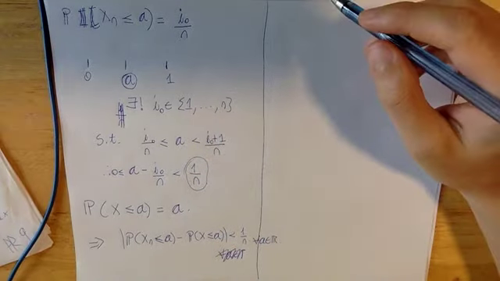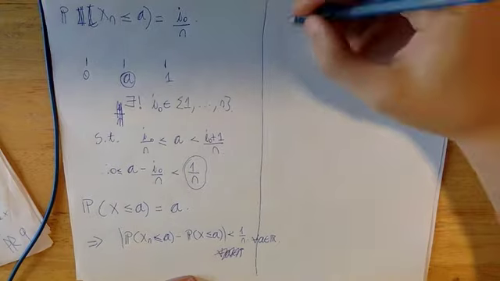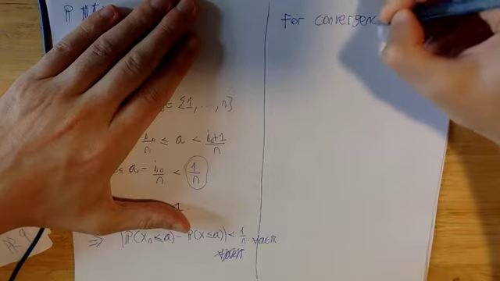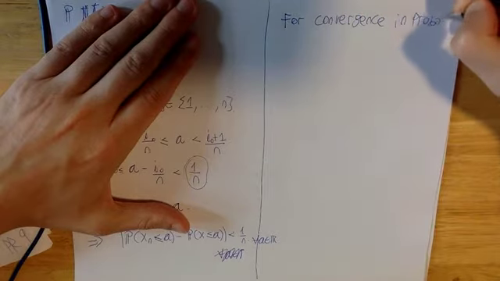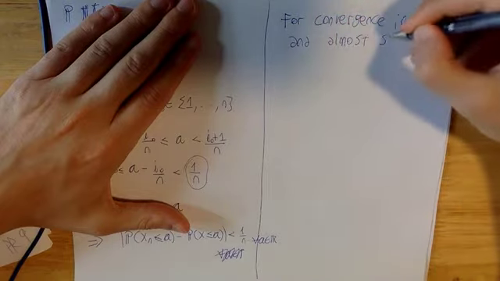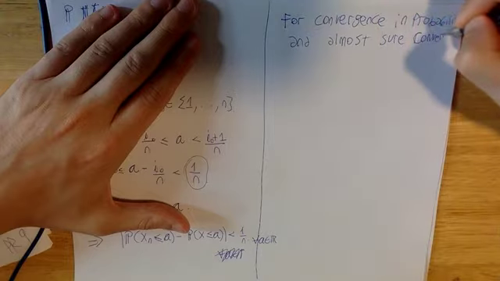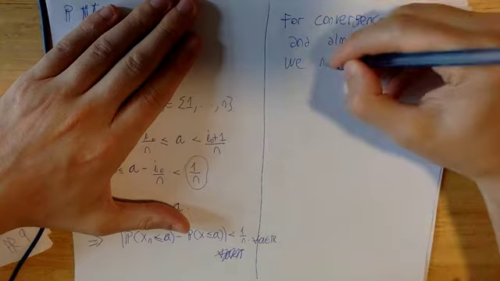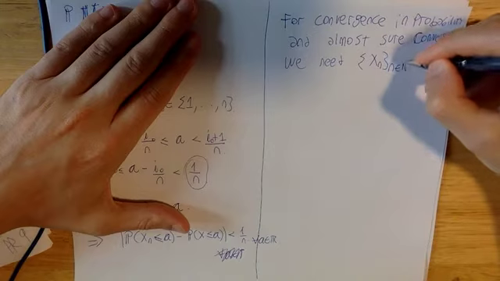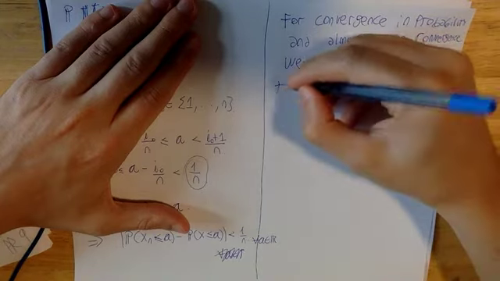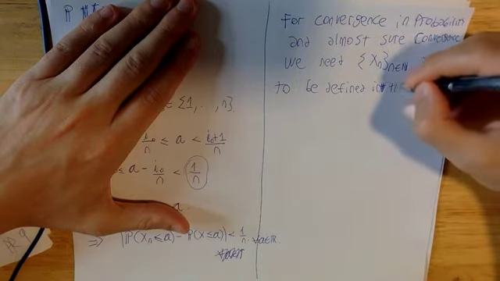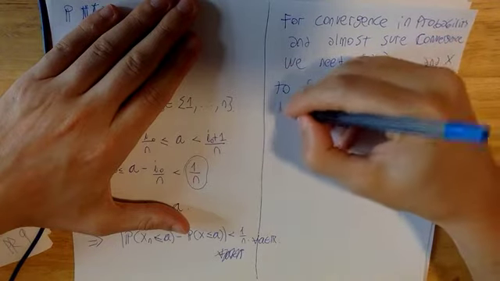So what is a different example? For convergence in probability and almost sure convergence, we need the sequence Xn, n in N, and X to be defined in the same probability space.